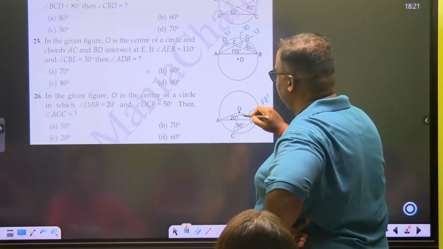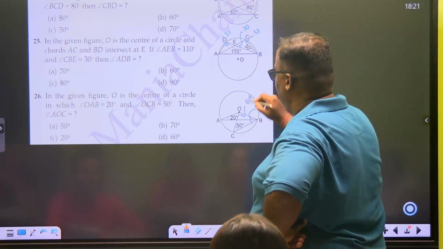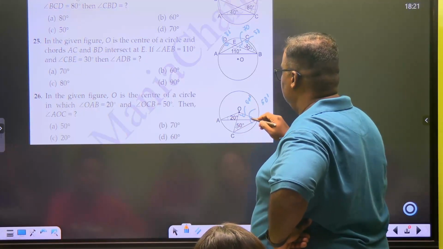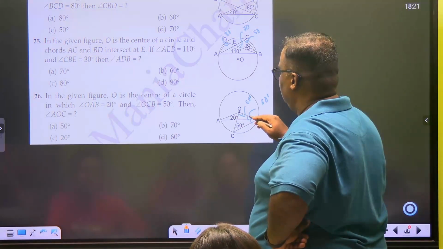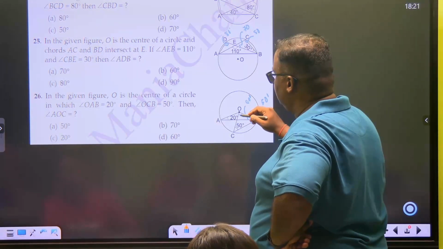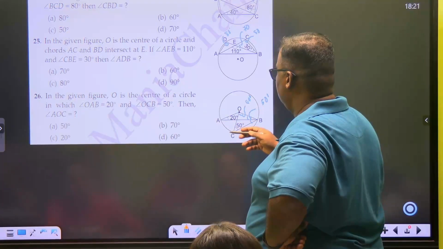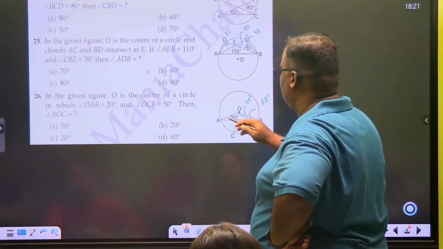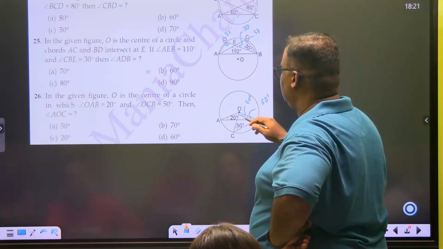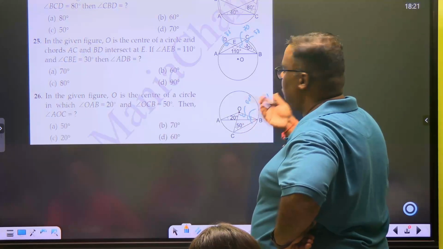So this one is how much? 80 degree. This is 20. So this small one is also 20. 20, 20, 40. And then this part is 80. So what do you have to find out? AOC. So this angle is already found out. This is 20. Then this part will also be 20. 20, 20 हो गया.